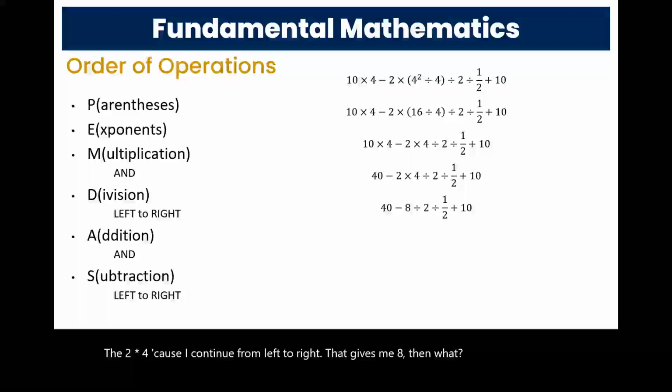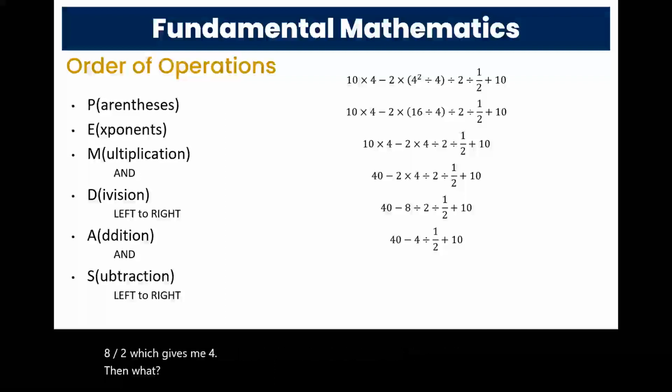Eight divided by 2, which gives me 4. Then what? The 4 divided by 1/2, which is equivalent to 4 times 2, that's right. So it gives me 8. Now what do I do?